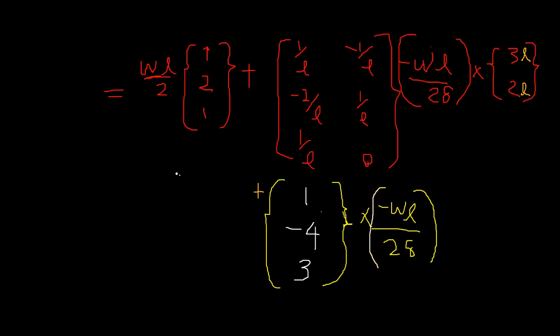Okay, so here as well, I will take a W, this is WL over 2. So I will make it exactly WL over 28. So that means I need to take 1 over 14 from inside. So that means all the things would be multiplied by 14, right?